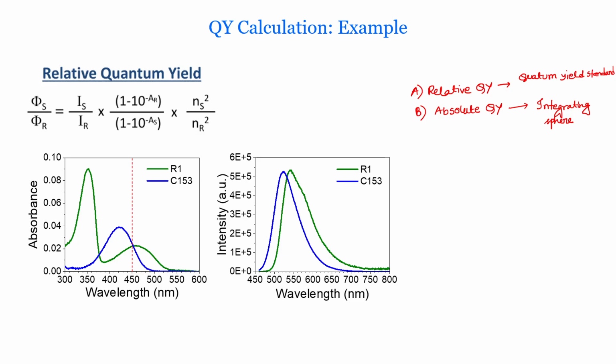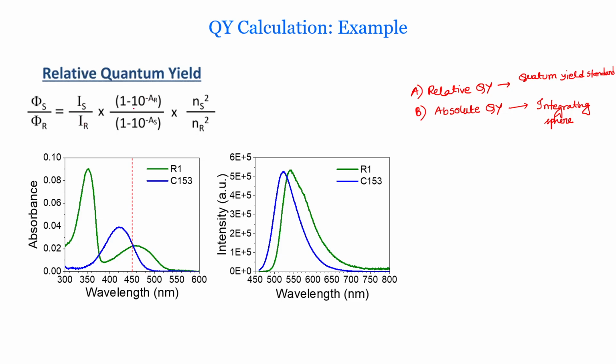So this is the relative quantum yield calculation formula. Phi s is the quantum yield of your sample, phi r is the quantum yield of your reference, which is the standard here, and this is the integrated area of the emission peak for the sample and this is for the reference.